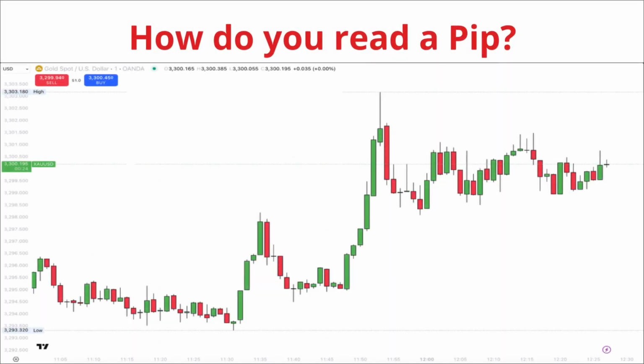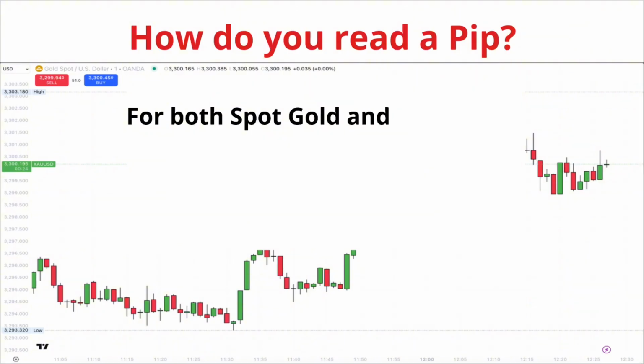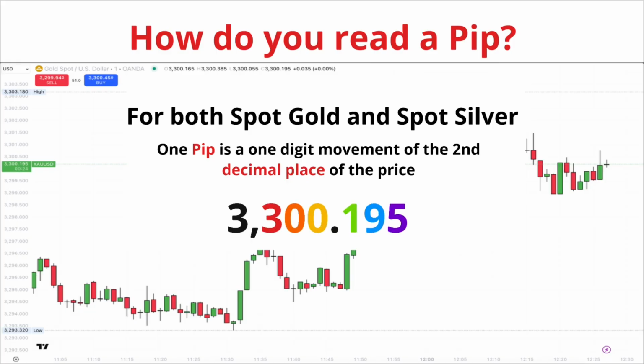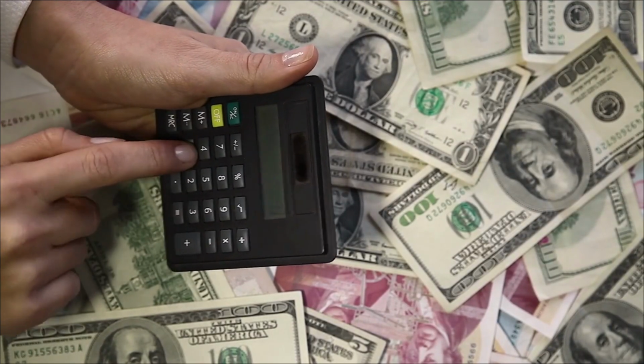So, how does this relate to the pip? Pip stands for percentage in point, and it's the unit of measurement to represent the change in value of the spot price. 1 pip is typically a 1-digit movement of the second decimal place of the spot price. However, this depends upon your broker. Some brokers use the first decimal place, others use the second decimal place.